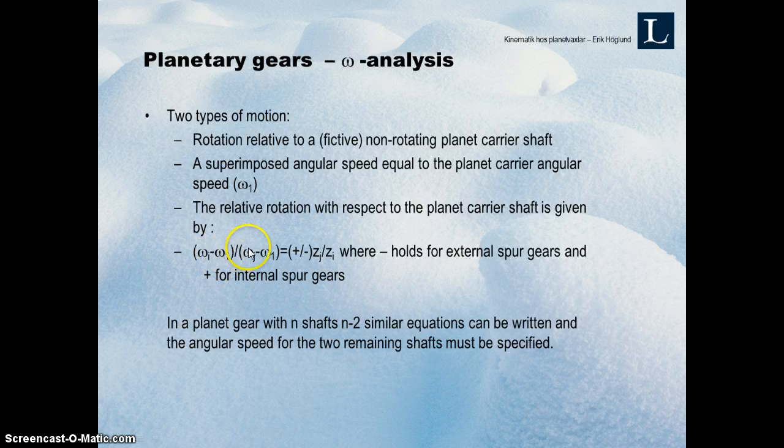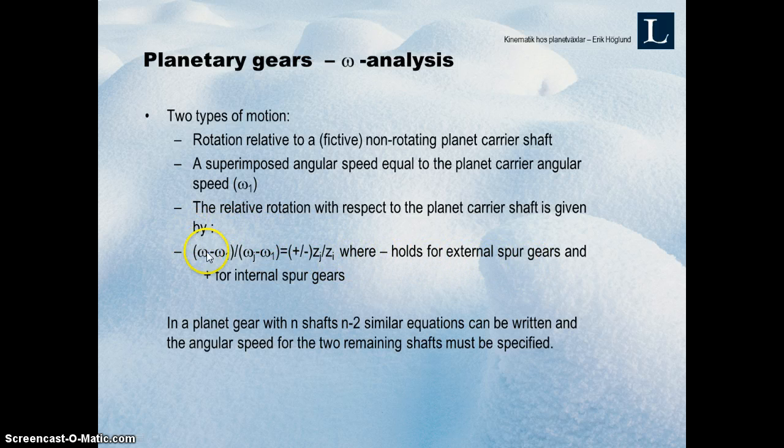If you divide the rotational speeds, you get the expression for the gear teeth, and you can have a plus sign when you have an internal spur gear, meaning that they rotate in the same direction, or you have a minus sign, meaning that they rotate in the opposite direction for the external spur gear.